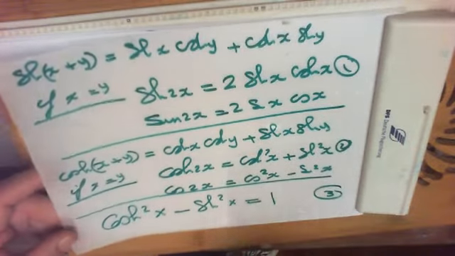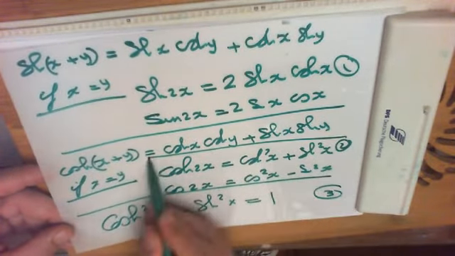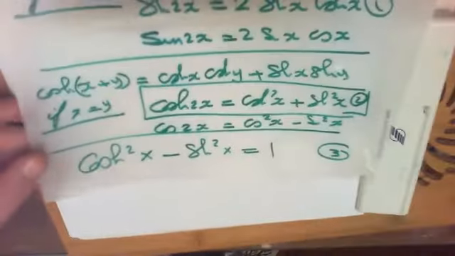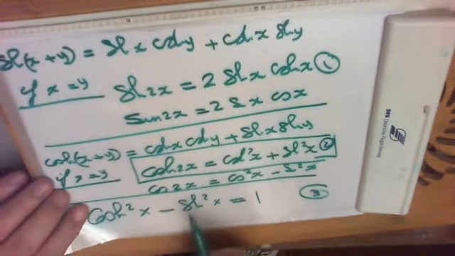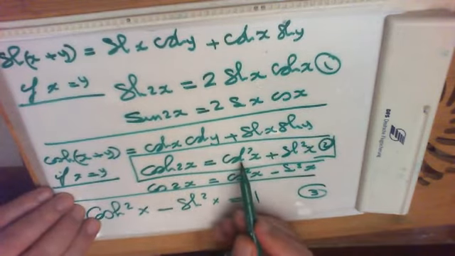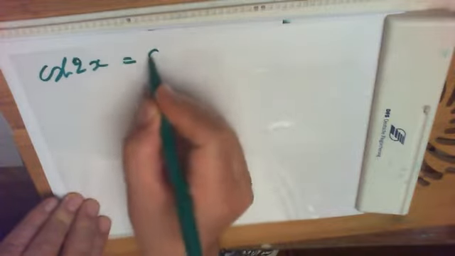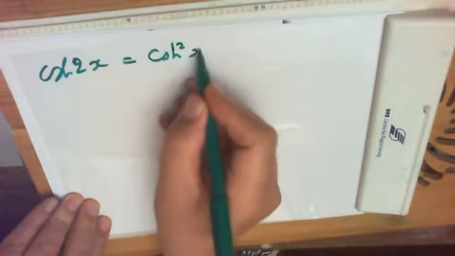Here in 2 I use this relation again. As you see, cosine 2x equals cosine squared x plus sine squared x.